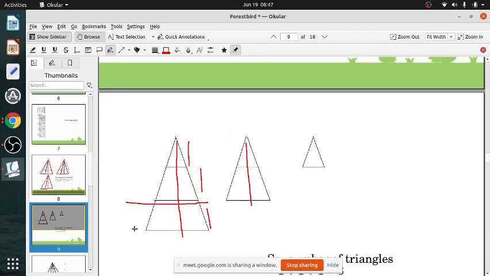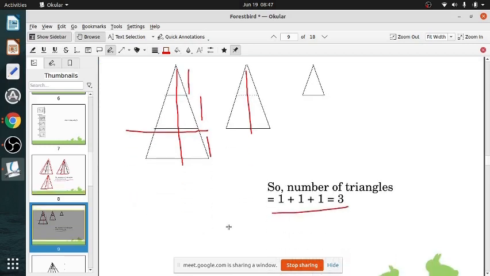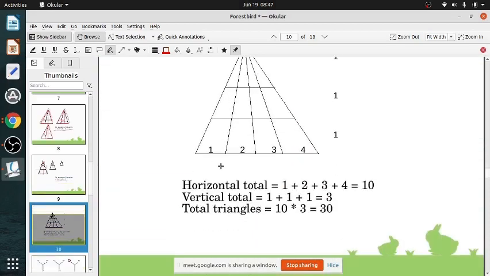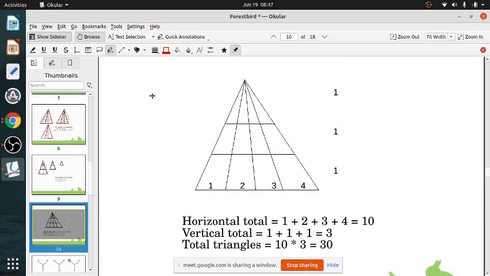So horizontally we number as 1, 2, 3, 4 or 4, 3, 2, 1, and vertically we number 1, 1, 1. Vertically don't number 1, 2, 3. So here, either we can take the first one, or the first and second, or the second and third horizontally, so here we are adding.